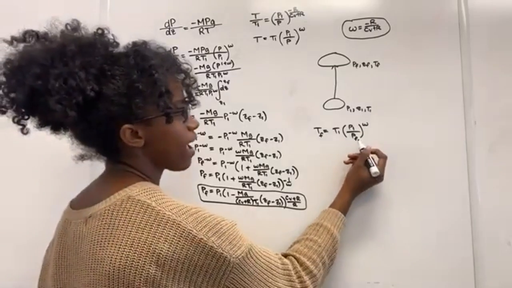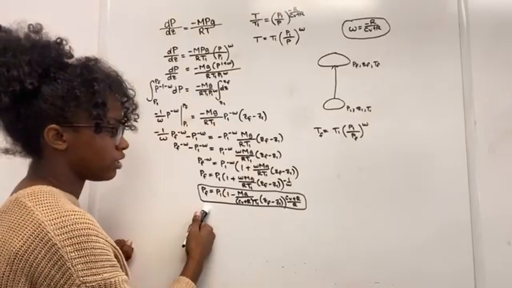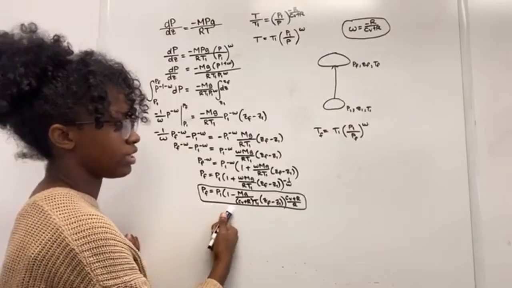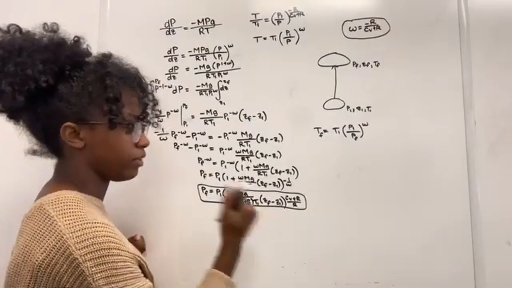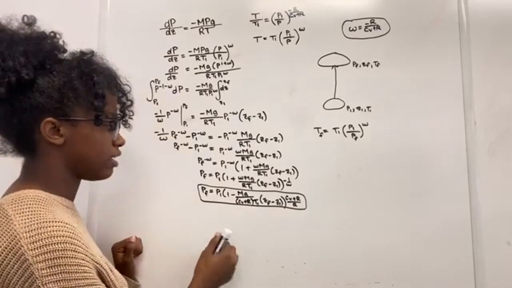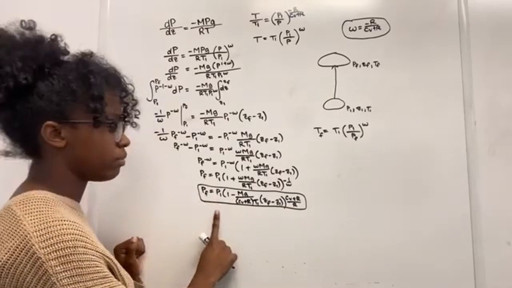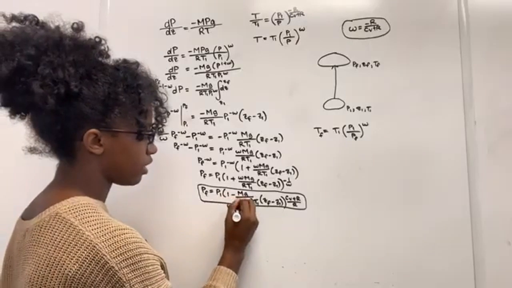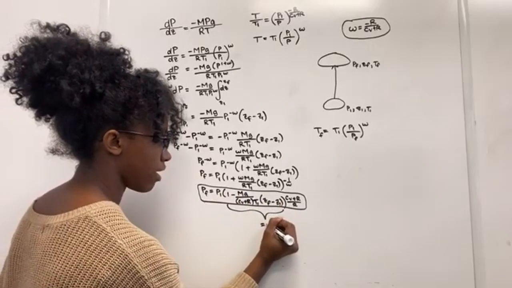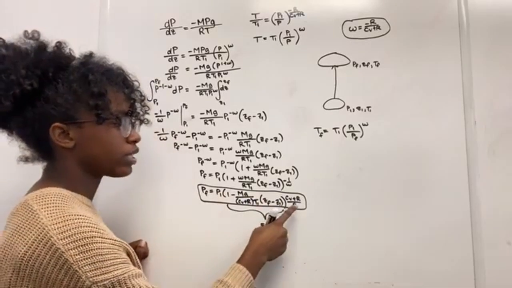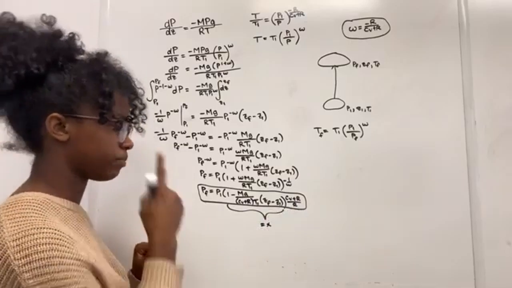So since we have PF in the denominator and you come back to the pressure equation, you notice that there's already a fraction within that and an exponent. So what we can do is set PF equal to P1, so we'll keep the P1, but everything in the parentheses we will call X. And we'll keep the exponent as -1 over omega.